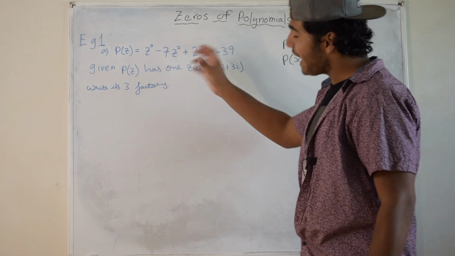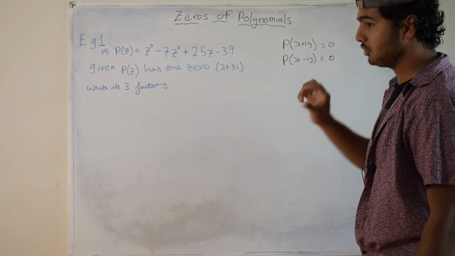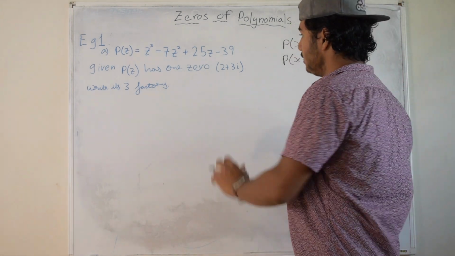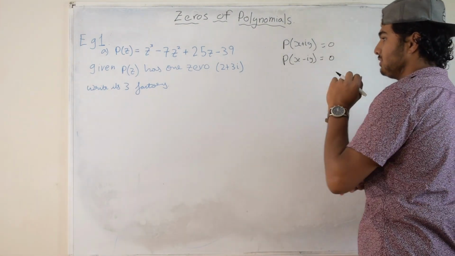So whenever a polynomial has real coefficients, it's going to have conjugate pairs of complex zeros. So if we've got 2 plus 3i, let's get on to the example now.